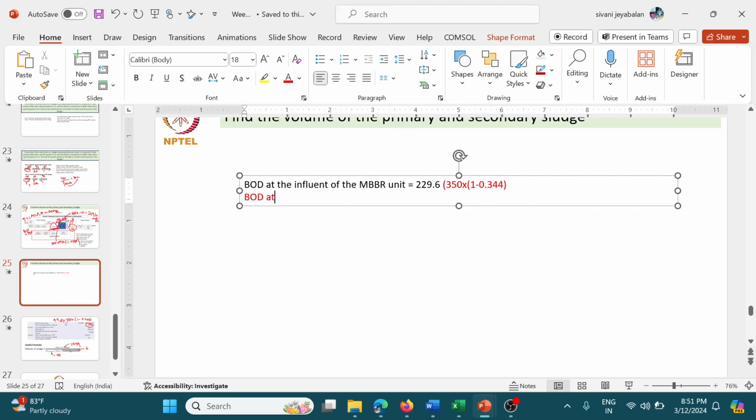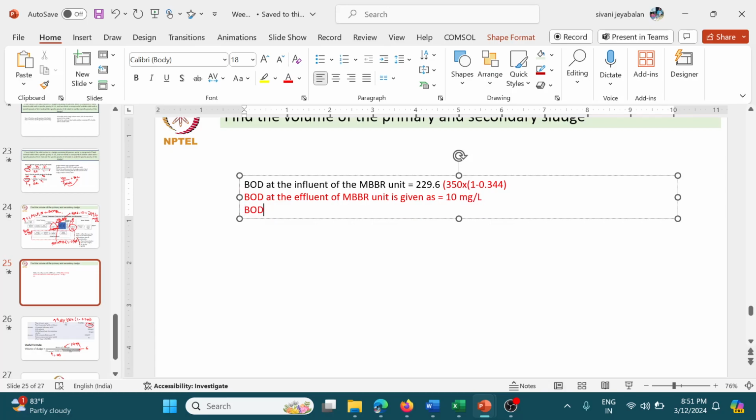BOD at the effluent of the MBBR unit is given as equal to 10 mg per liter.